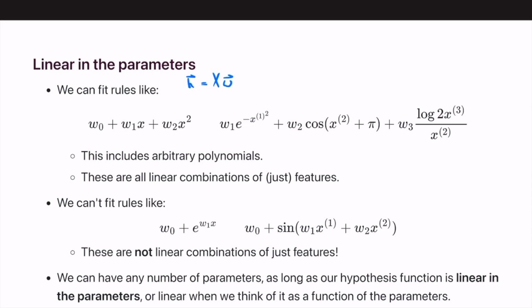In order to do that, we have to be able to take every single row of our design matrix and multiply it by all the values of our W vector, or our weight vector. The only way we can do that is if we have our problem set up such that we have linear combinations of our features. So we have to have something that looks like this.